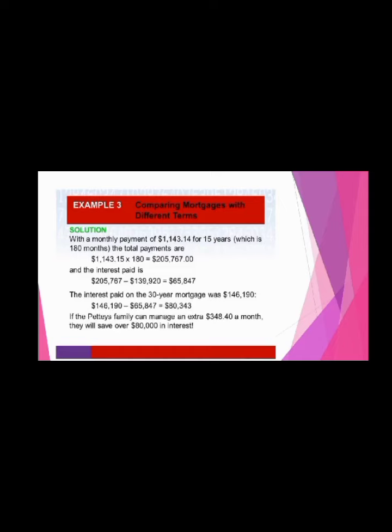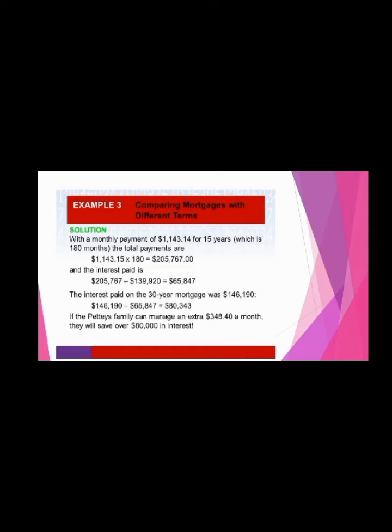So, 146,190 minus 65,847 is equals to 80,343. If the Petis family can manage an extra $348.40 a month, they will save over 80,000 in the interest.